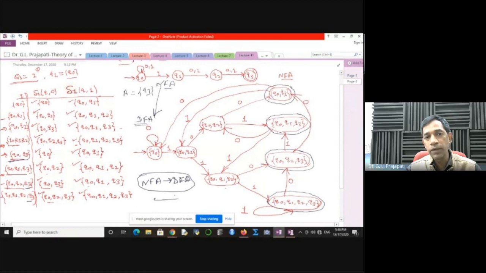The states that cannot be reached from the initial state, you can discard. So you don't need to list all possible subsets initially. You just make a table like we have done in this case, and one by one obtain the states and give the transitions. When no new states remain, you can stop, and these are the only states in your DFA that can be reached from the initial state.